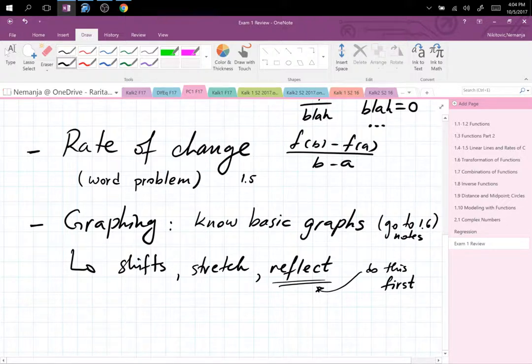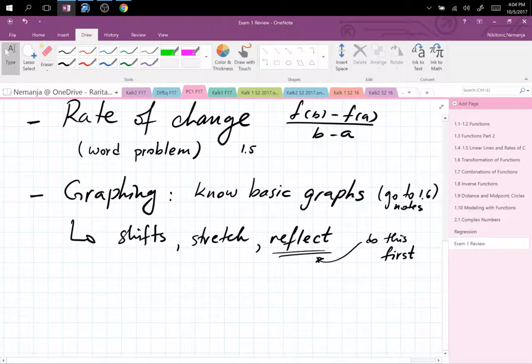If the reflection is part of your transformation package, do that first. That's very important. So you know this is, go 3 units up and 1 unit left and so on.